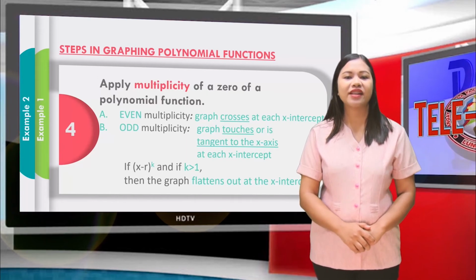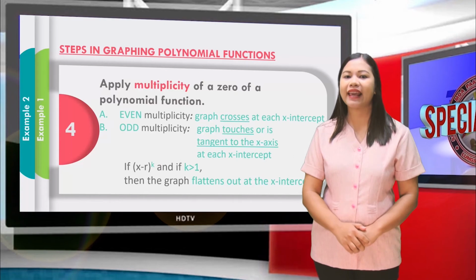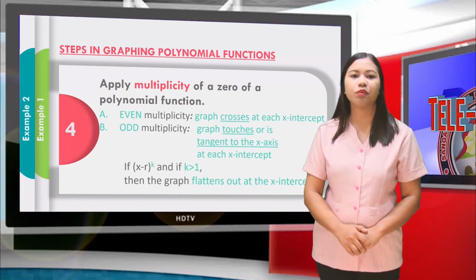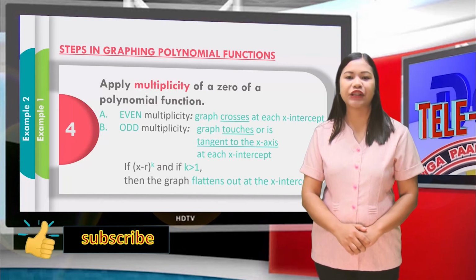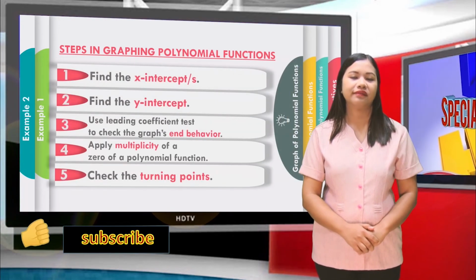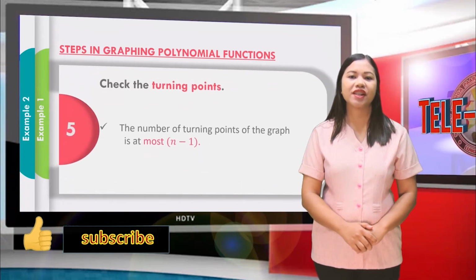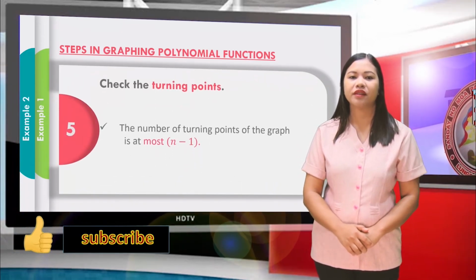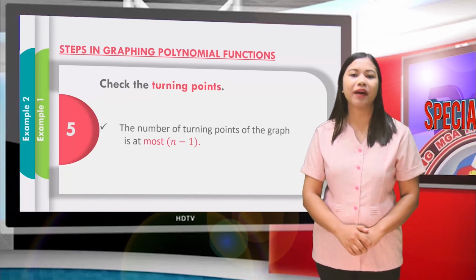If it is expressed into quantity x minus r raised to k, and k is greater than 1, then the graph flattens out at the x-intercept. To check the turning points, use this formula. The number of turning points is at most n minus 1.